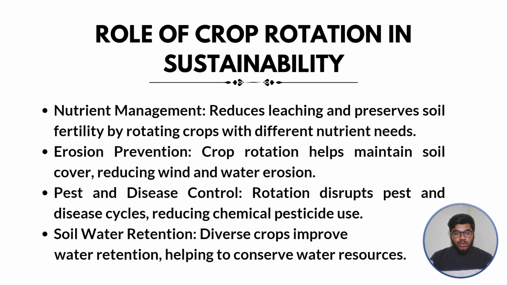And soil water retention: diverse crops improve water retention, helping to conserve water resources. These are the roles of crop rotation in agricultural farming: nutrient management, erosion prevention, pest and disease control, and soil water retention.